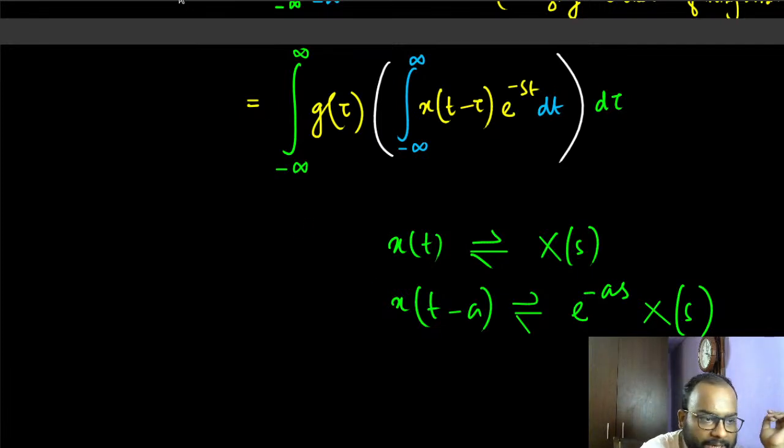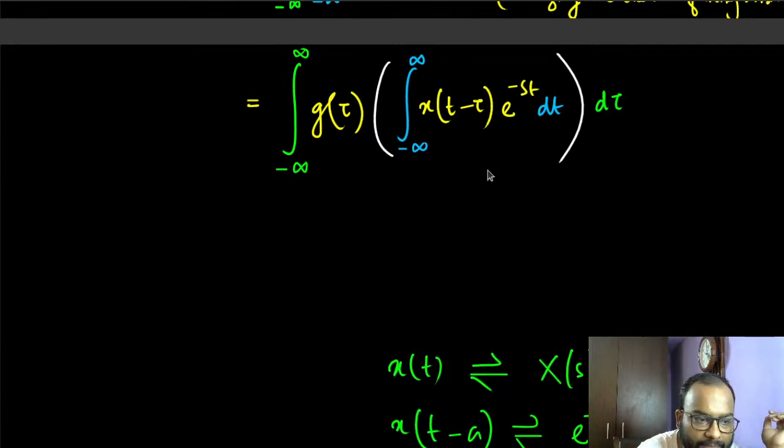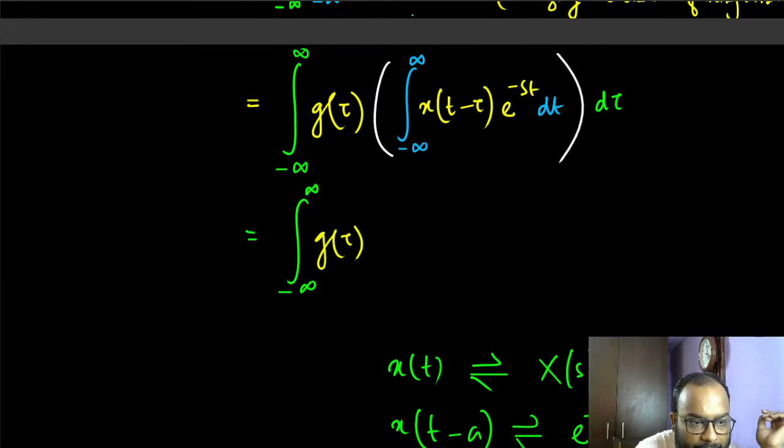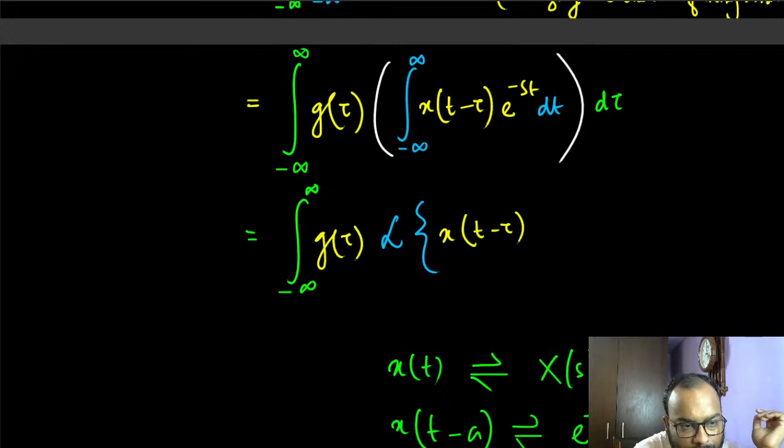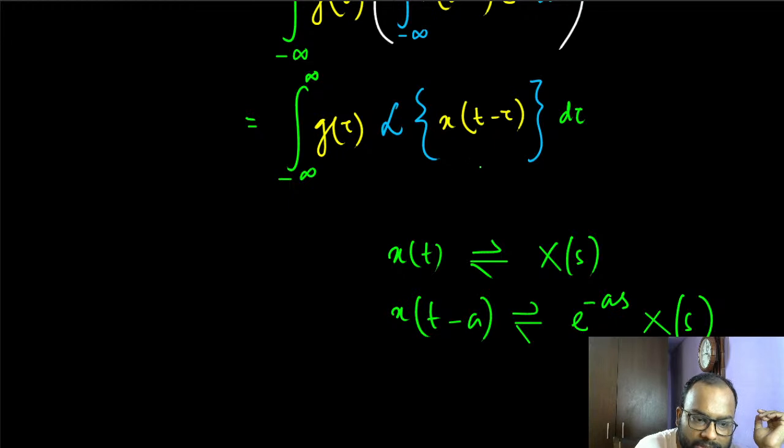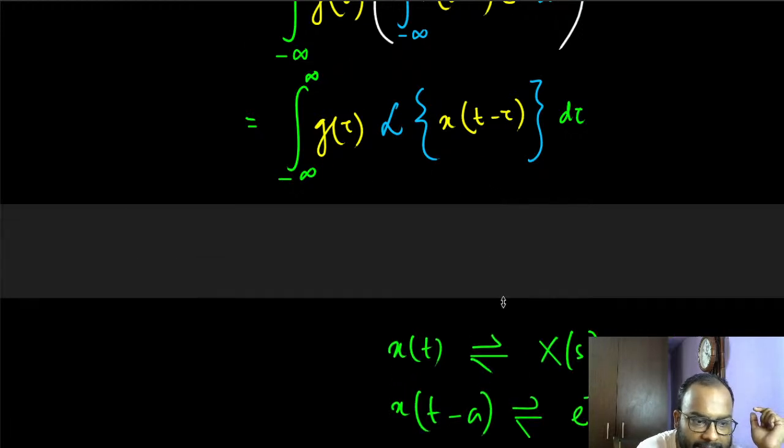Let me write it once again: minus infinity to infinity of g tau, and this blue integration is nothing but the Laplace transform of x(t minus tau). From that we know this is going to be e to the power minus s tau X(s).